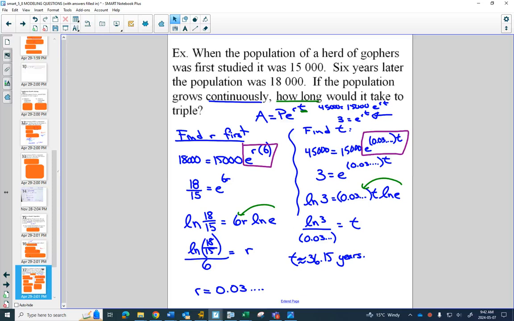Now, I made a grammatical mistake in this question on purpose to see if anybody could catch it.